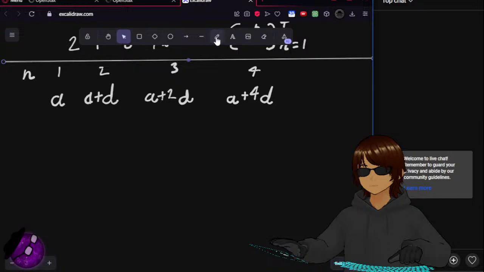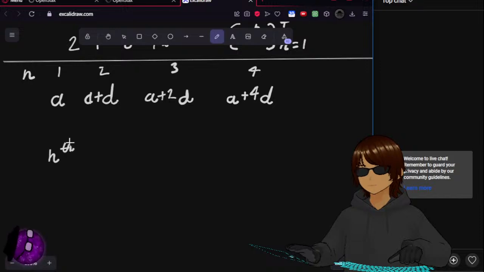So a particular sequence would have nth term, actually let's write it in text.